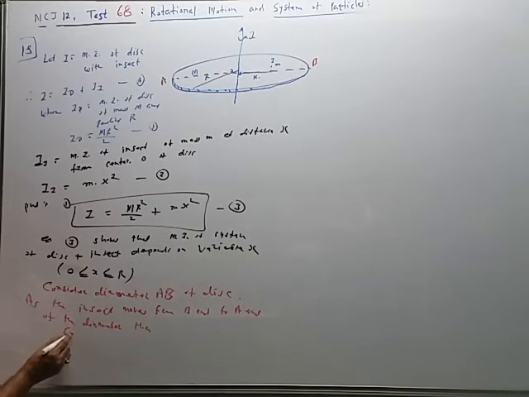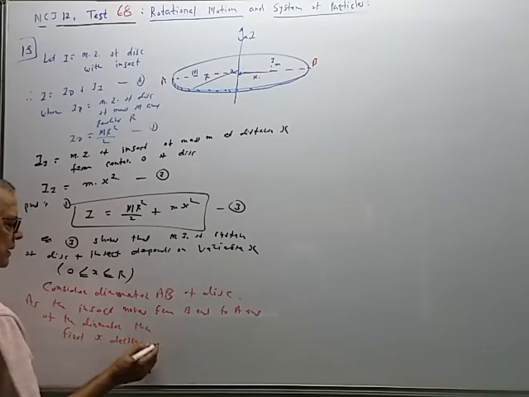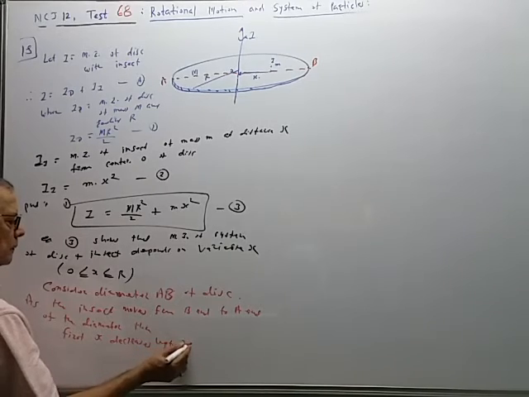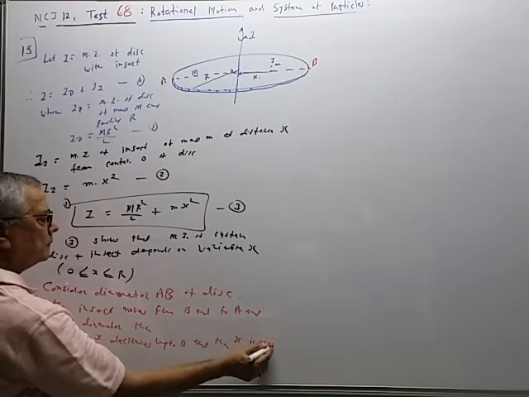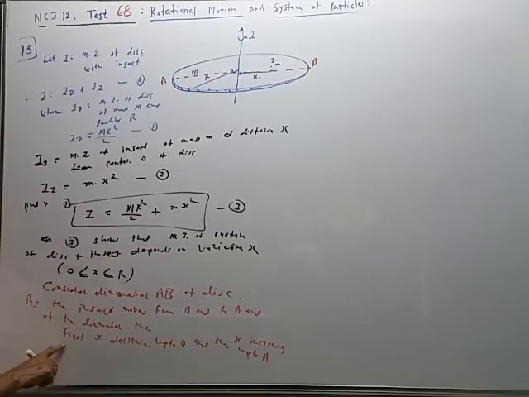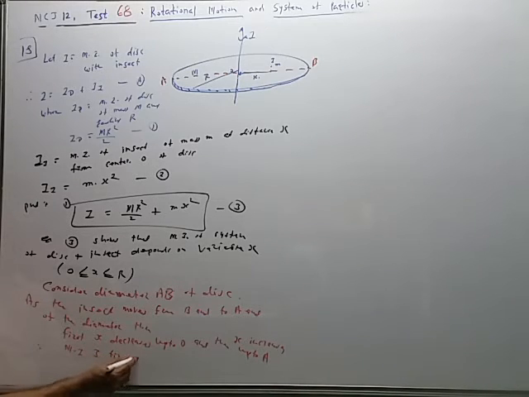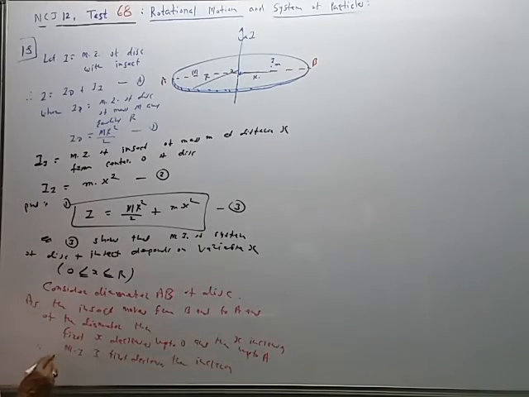Then first x decreases up to O, and then x increases up to A. First x decreases, therefore MI first decreases and then increases. This is the change in MI.